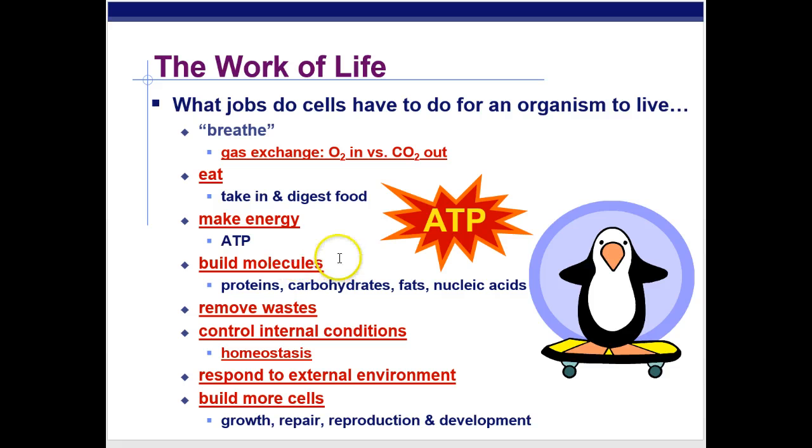They need to build molecules, especially the molecules of life that we've talked about, the proteins, carbs, fats, and nucleic acids. They need to get rid of wastes. They need to regulate their internal environment, which is called homeostasis. It means a dynamic balance. They need to respond to their external environment, sometimes allowing things in, sometimes letting things out. And they need to be able to make more of themselves for growth and repair, for reproduction, and for development.